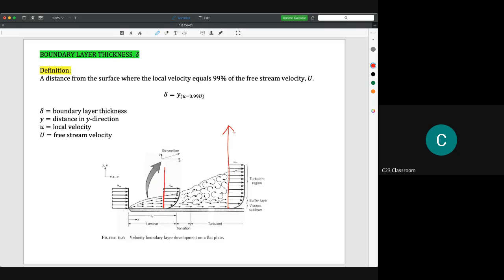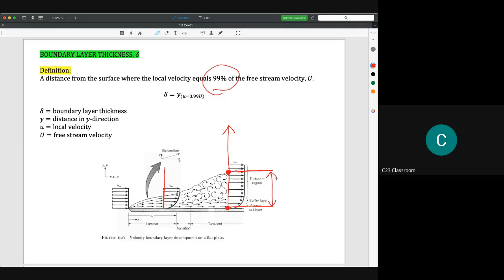So we measure on the y-axis, vertical, from the surface where the local velocity, the small u, is 0, until the location where the local velocity is only 99% of the free stream velocity. This is the boundary layer thickness.